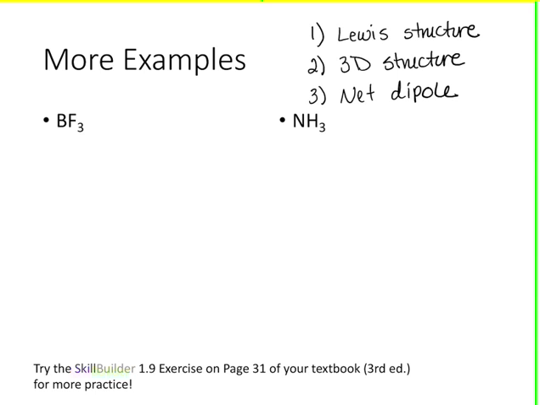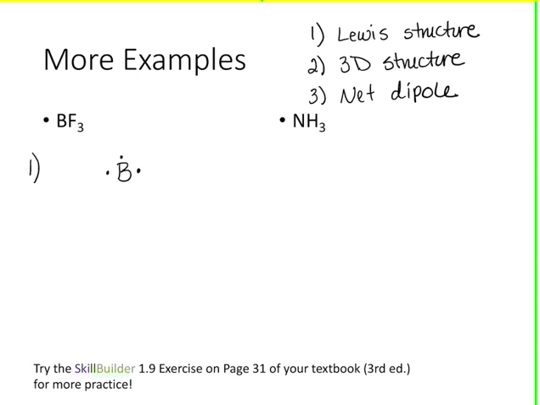So for BF3, which atom would go in the middle? Boron. Okay, so boron has how many valence electrons? 3.